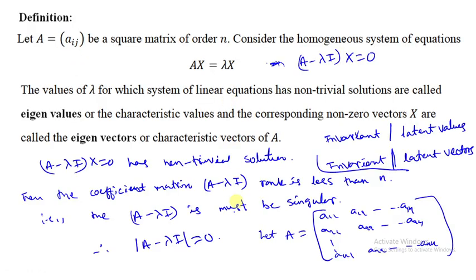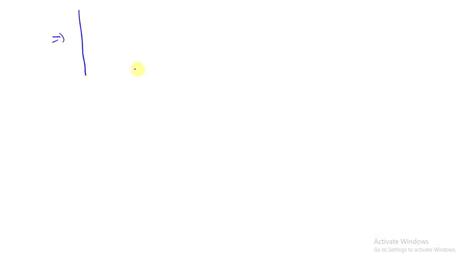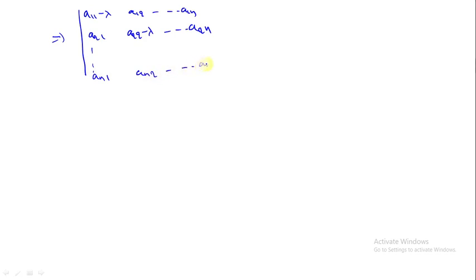A minus lambda I means only the diagonal elements are subtracted with lambda. This one we can write as the determinant with entries A11 minus lambda, A12 and so on, A1n, A21, A22 minus lambda and so on, A2n, and so on, AN1, AN2 and so on, ANN minus lambda, equal to 0.